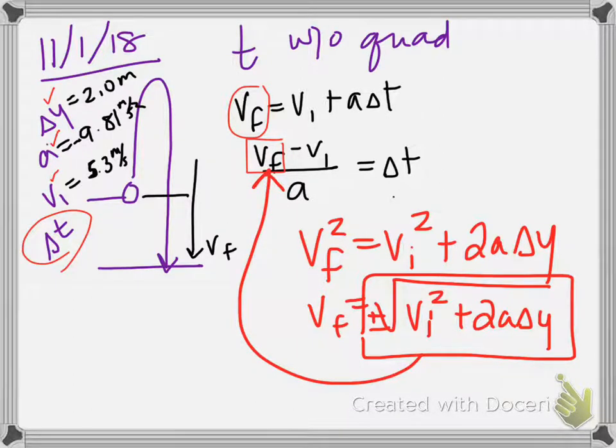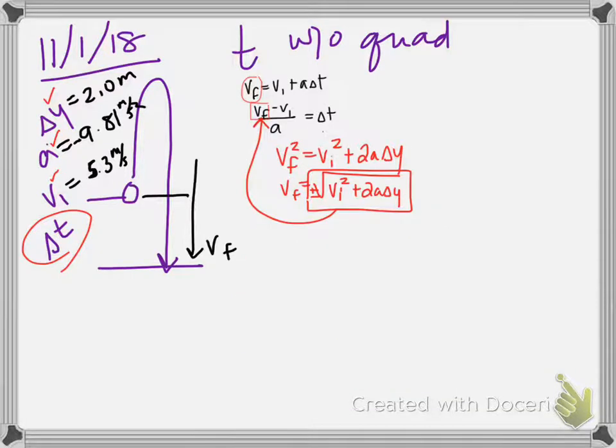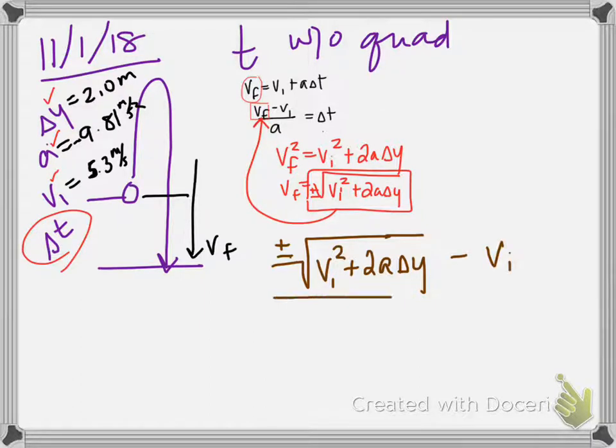which isn't actually so terrible. And this is a strategy, it's a workaround that we do use sometimes in Chapter 3 when we get to the projectile motion problems. I'm going to rewrite that with the substitution in place. So I have plus or minus the square root of VI squared plus 2A delta Y, minus VI, over acceleration, which really isn't so terrible.